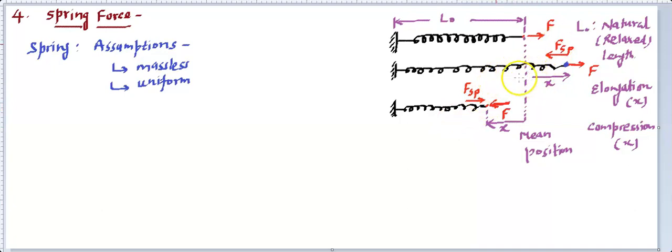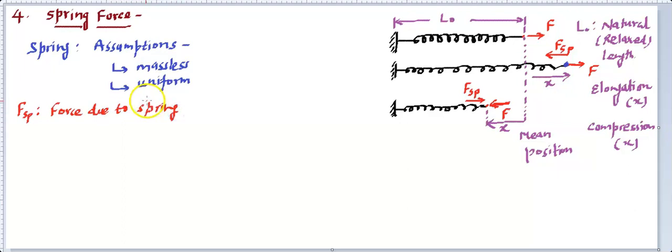And once you know this, from here we can conclude basically two things: one about the direction, another about the magnitude. Let me talk about the direction and the magnitude. Force F_SP. When I'm writing F_SP, that means it is the force due to spring. Mind it, it's due to spring.